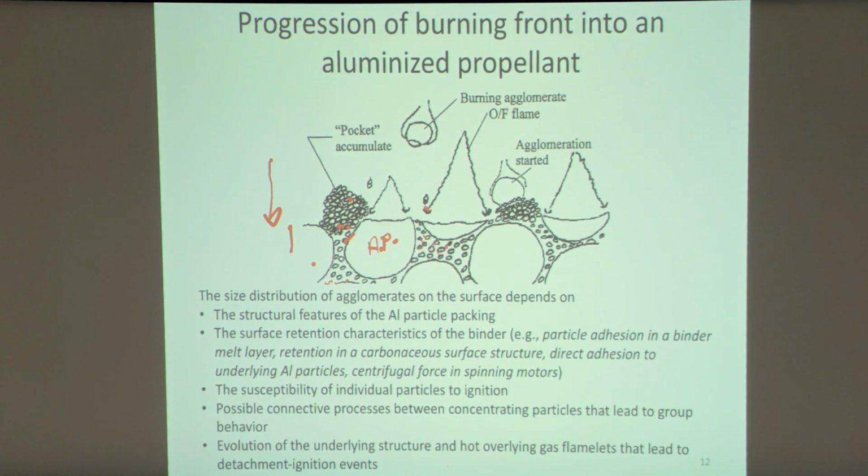So again, it's a very complicated process, and it's not been modeled very well in detail. There are overall global models, and that global model is typically referred to as the pocket model.